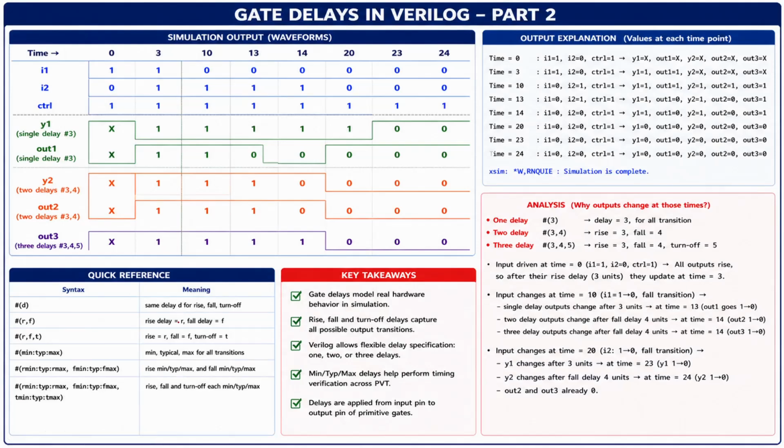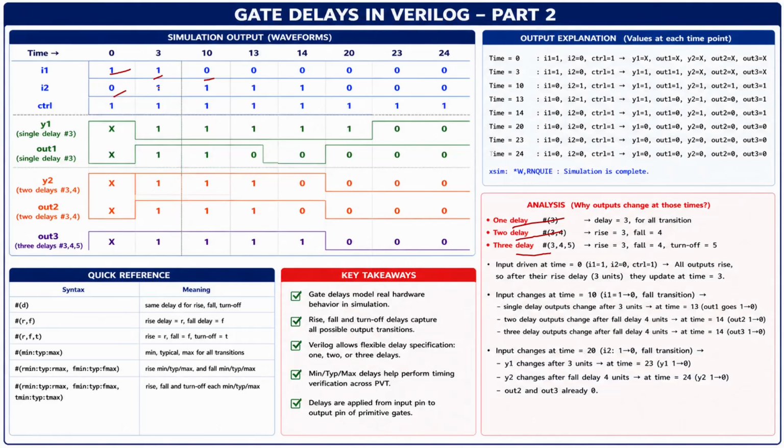Okay, same thing, part 2 of delays. See, different values I am giving, and we are getting the different delay values. So, 1 time delay, 2 time delay, 3 time delay, all the values we are representing. See, input 1, and then 0, 1, 1, 0, 0, 0, all these values we are giving.